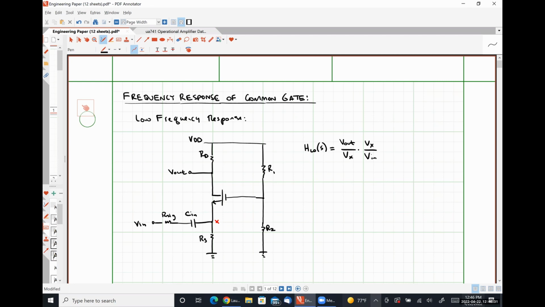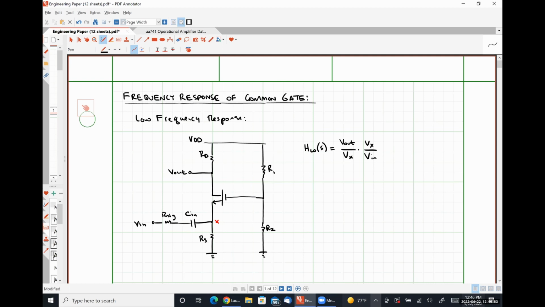So, who remembers what the V out over Vx relationship is for a common gate amplifier? You guys have notes and stuff too.